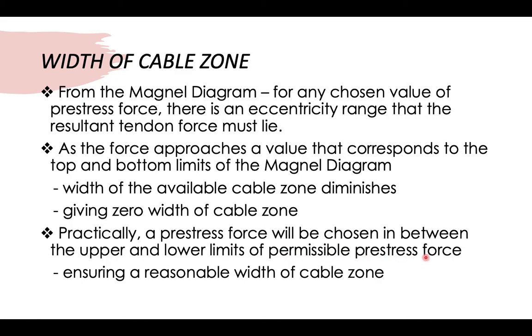Once we have determined the maximum and minimum value from the Magnell diagram, usually we are going to go for the value in between those minimum and maximum, instead of just selecting the minimum and maximum values. This is to ensure a reasonable width of the cable zone.